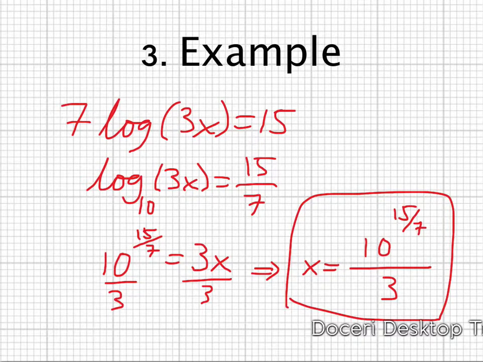But if they ask for an approximation, the approximation would be 46.32. You can approximate even further, but you'd be writing a lot of numbers. So this is probably good for now. You would put this in your calculator and find that this is your answer.